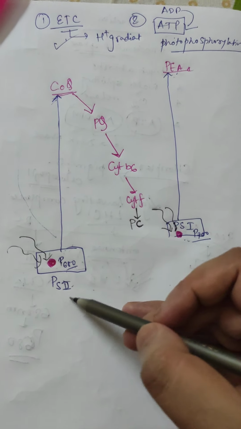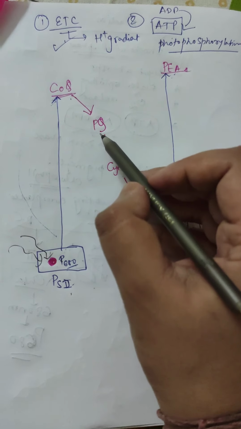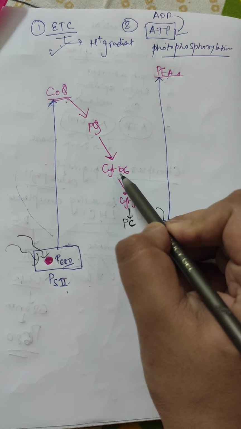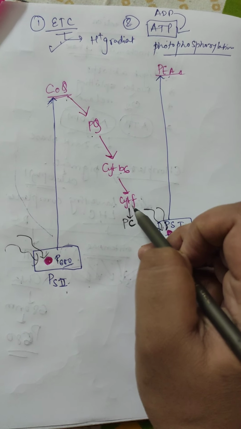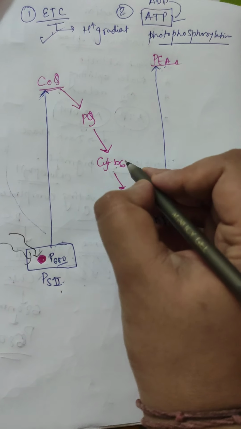So in photosystem 2, the electrons are given to coenzyme Q. From there, the electrons move to plastoquinone, then to cytochrome B6, then to cytochrome F, and finally from cytochrome F to plastocyanin.